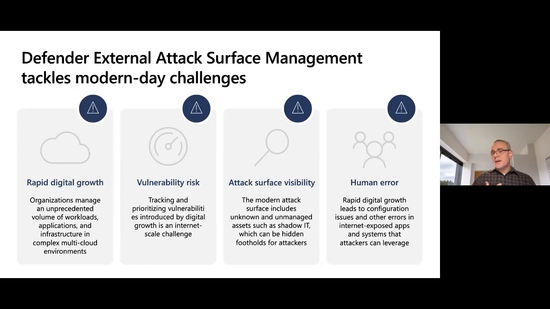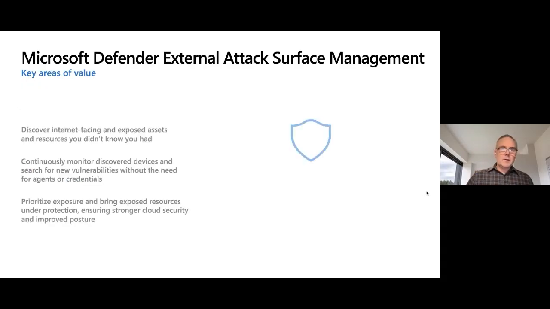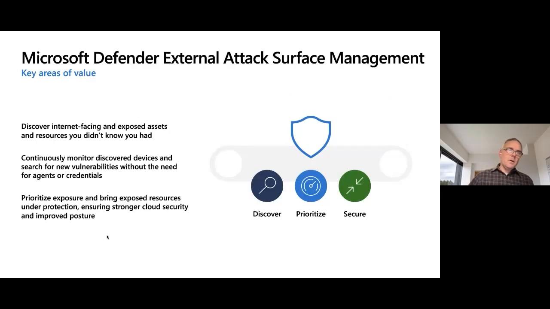We have to protect ourselves from ourselves. And so these human errors are always going to happen. And if we can find them faster than the attackers can, then we really are helping ourselves from future impacts to the organization. So here are the key things that we do.